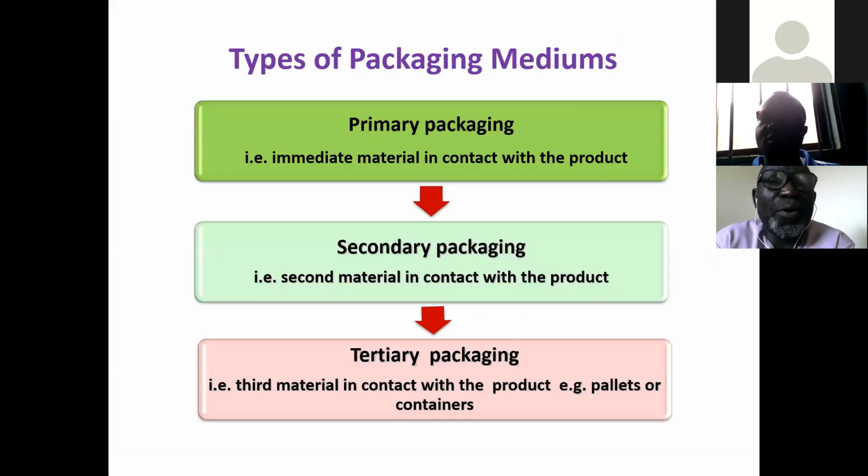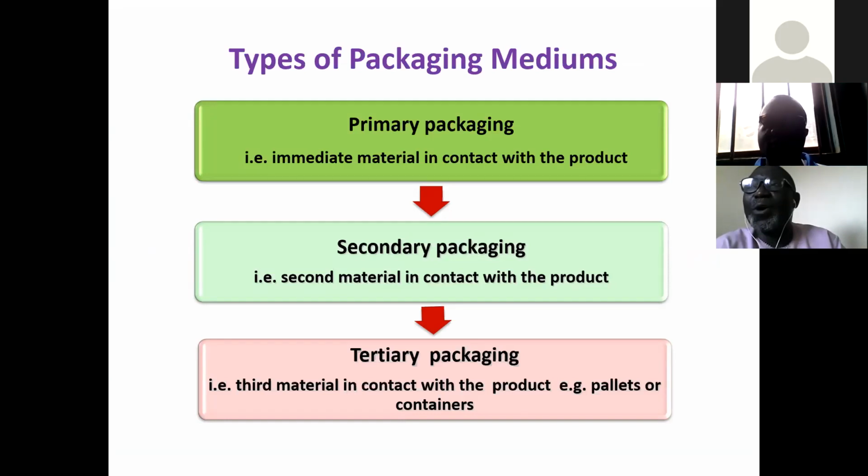Now, the various forms of packaging we have are either primary, secondary, or tertiary. But the most important as of now is the primary packaging, because that's the packaging material in direct contact with the food, with your product, with your sample.